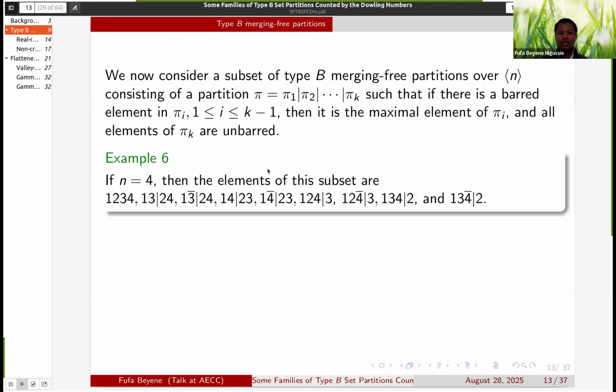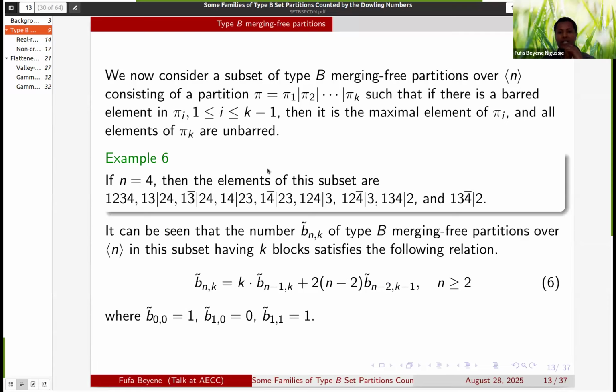We will use this class of type B merging free partitions later on, but we can enumerate this subset of merging free partitions according to the number of blocks so that we have the following recursion. B tilde (n,k), the number of type B merging free partitions having k blocks in this subset, satisfies this recursion.